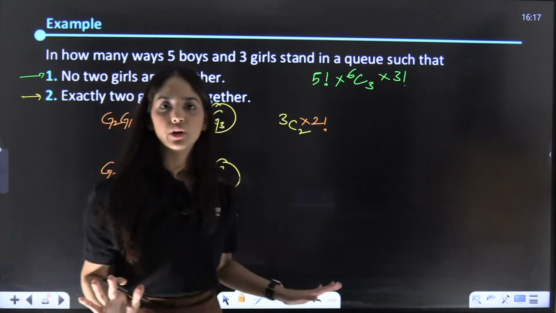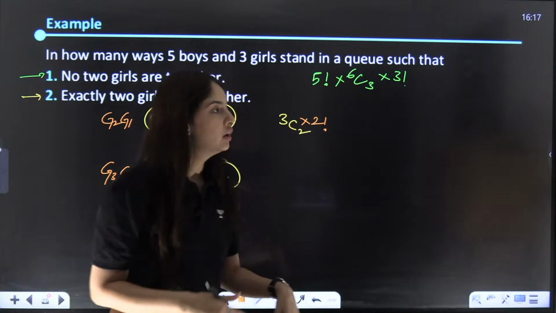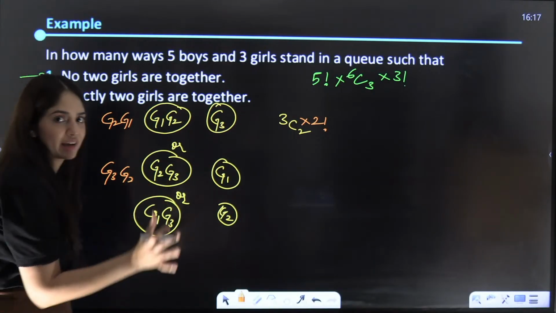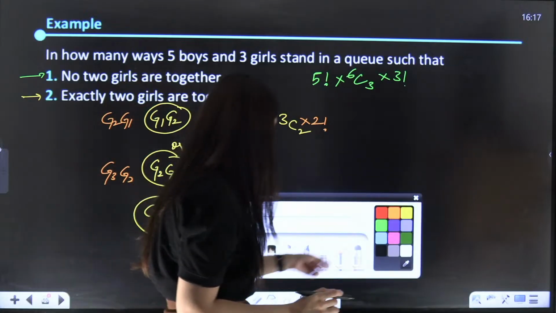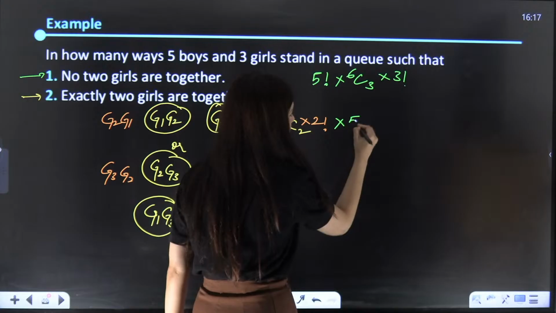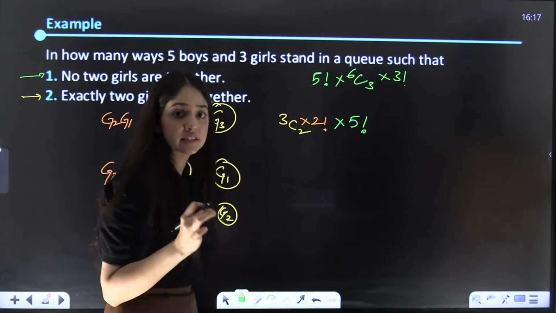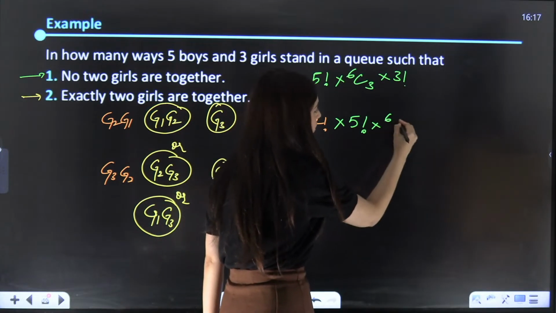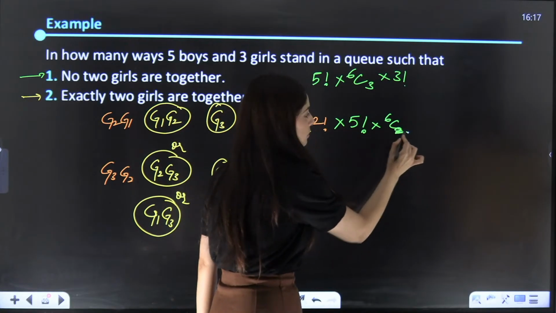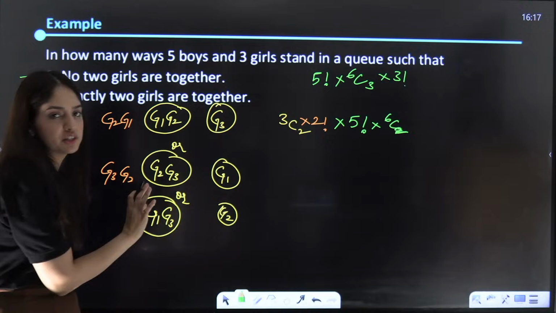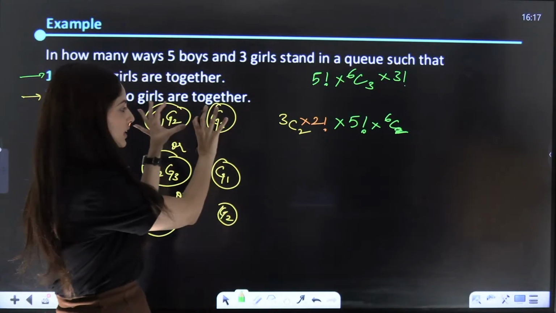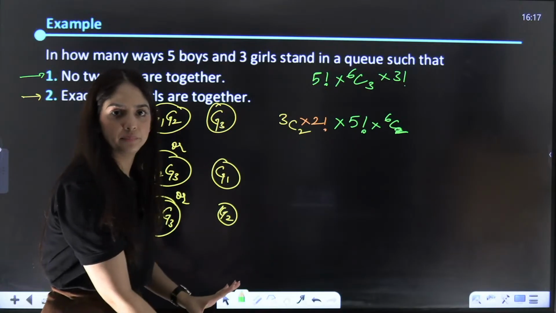Now we have the unit. Okay, now let's arrange these. 2 girls are together, the third is separate, so the gap method is there, which means first we arrange the boys, and out of those 6 gaps we choose 2. Instead of 3 now we choose 2, just like before, because 1 gap is for this unit, 1 gap is for the remaining girl, to make sure that these 2 units are placed separately. They are never together.